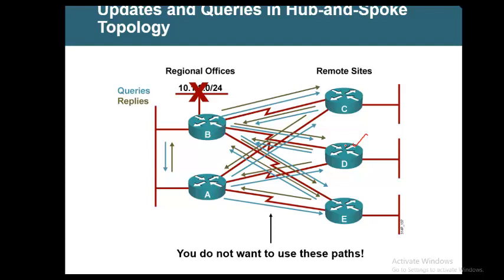B needs to finalize it. B needs to compare the C's response, C, E, and A's response. But C and E and A, they are not going to respond at all because they are nowhere connected, no way connected. There is no path to reach that network.